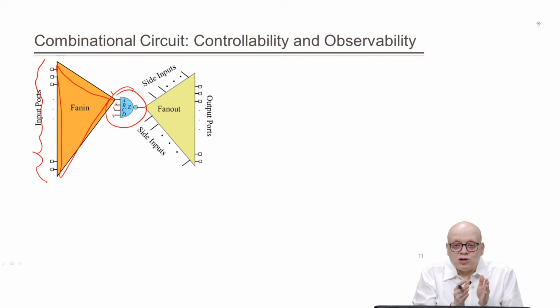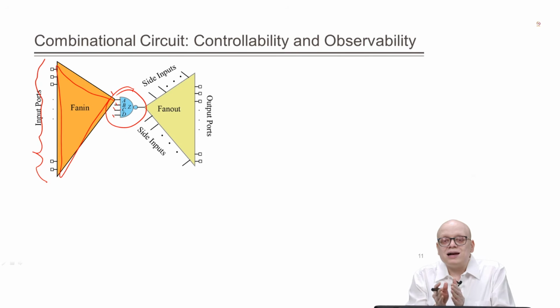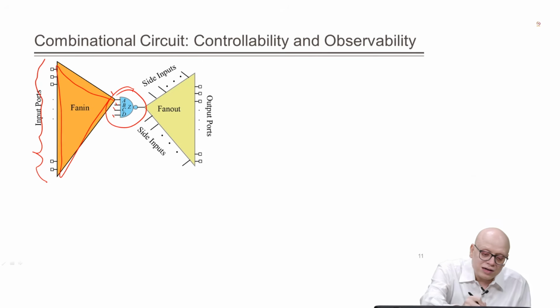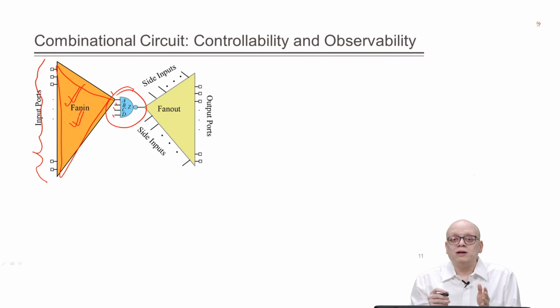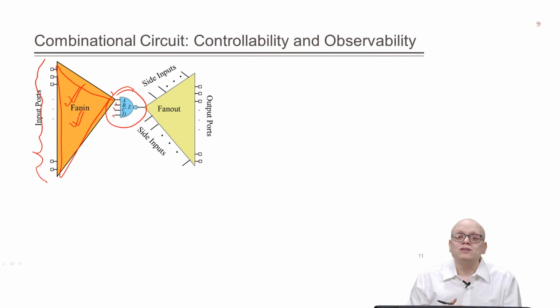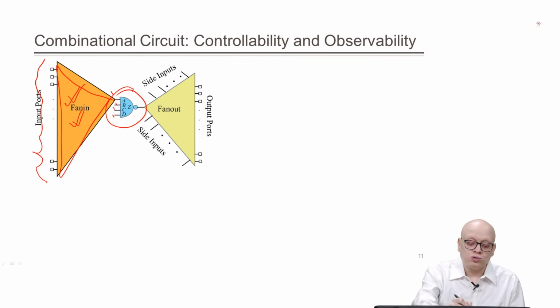So, as the gate moves deeper inside our circuit, the application of the required test vector on that component becomes more and more difficult, because the intervening logic structure may not allow us to pass some test patterns directly to the inputs of the component we want to test, right.